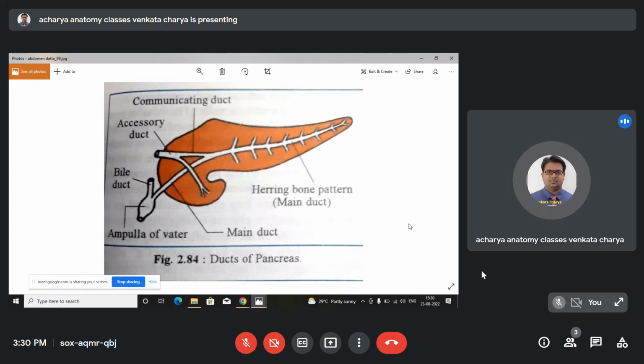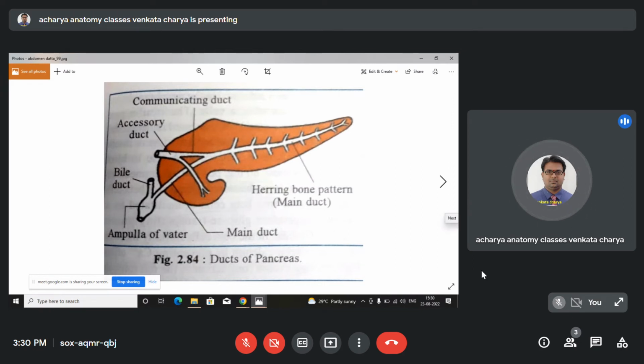It lies like this in the body and consists of two ends: posteromedial end and anterolateral end. So this is the costal surface and this is the visceral surface.